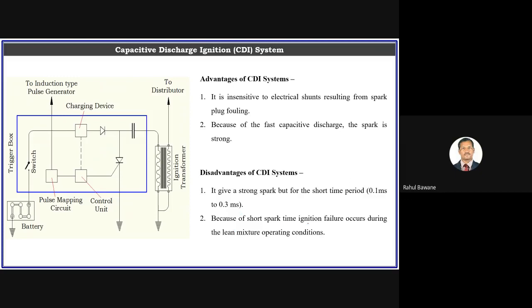Because of the short spark time, ignition failure occurs during lean mixture operating conditions. If you are supplying a lean mixture, then this short duration spark is not enough to burn the charge. If it is a rich mixture, this short duration spark is also sufficient to burn. But if it is a lean mixture, then it is not sufficient to burn. So many times we observe misfire. The firing does not take place.